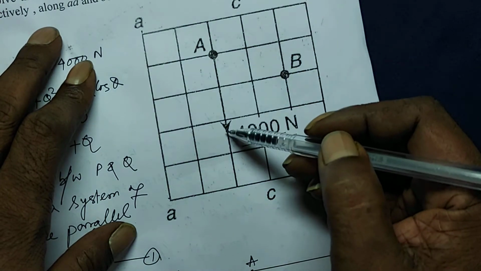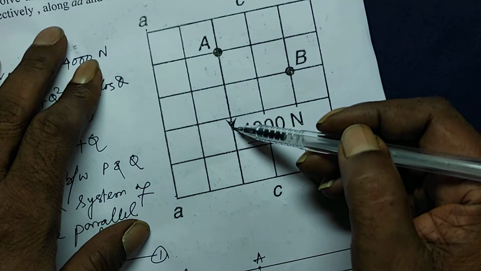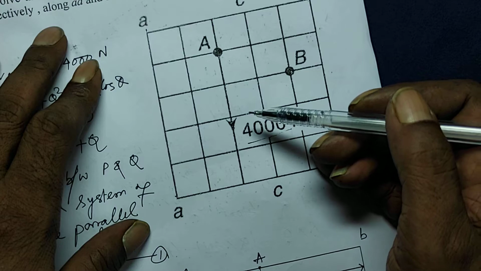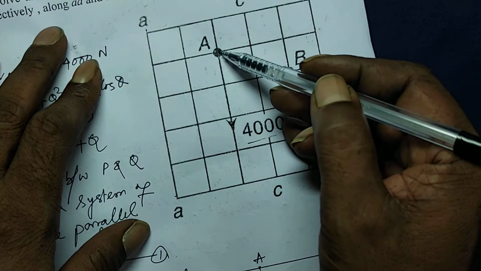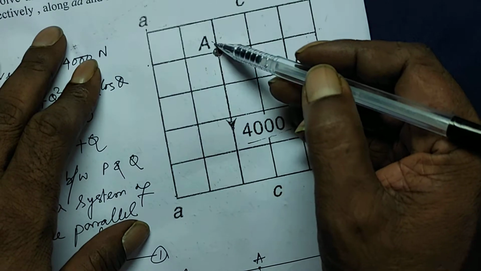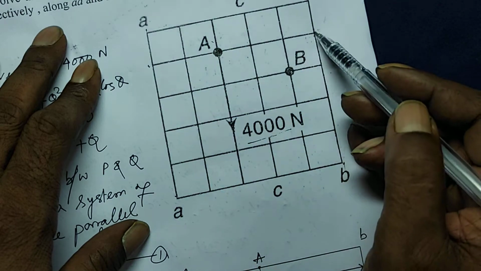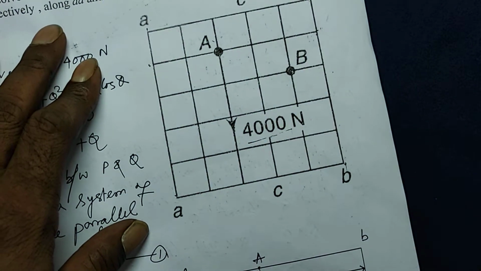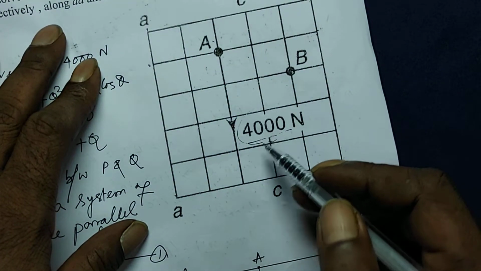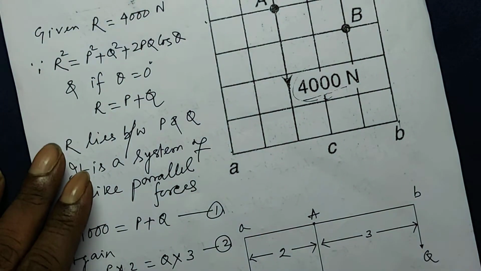Since this is the resultant, and we have been asked to find P and Q, with P on this side and Q on this side, the resultant is internally acting between P and Q. So this 4000 will be numerically equal to P plus Q, the arithmetic sum.